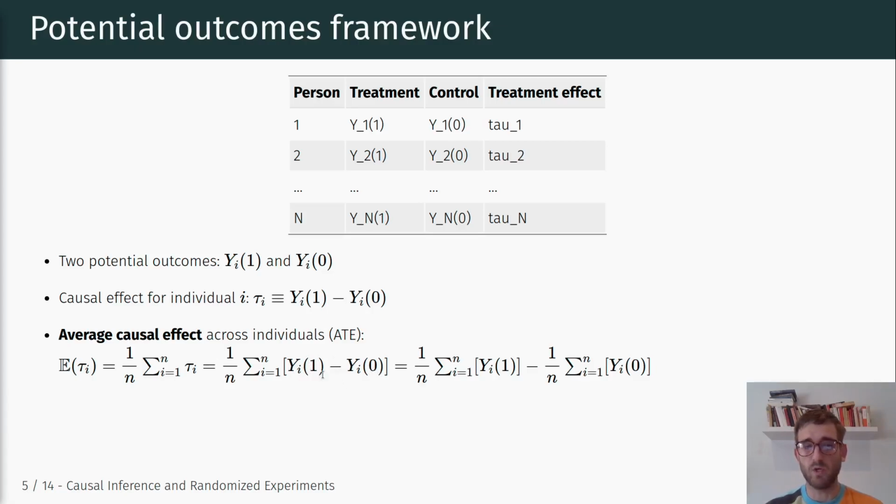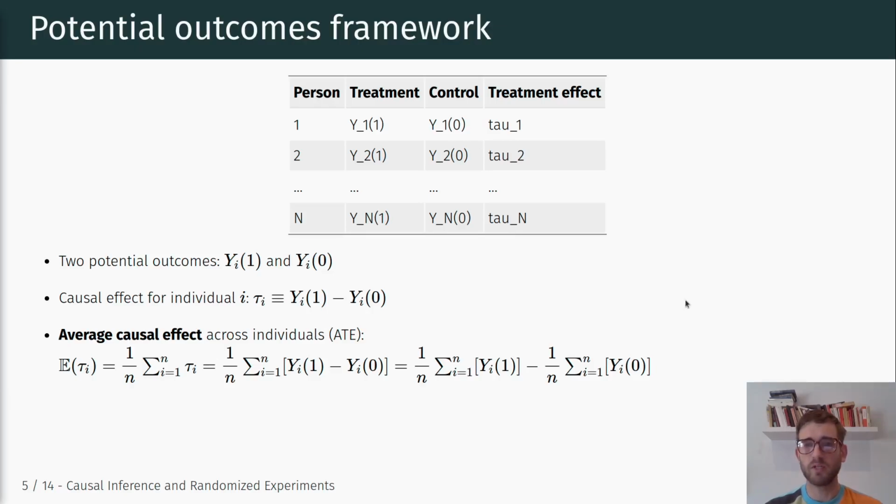So yi1 minus yi0. And we can separate the sum. So we have the average value of potential outcomes in the treatment group and the average value of potential outcomes in the control group. And the difference between those two is then the average causal effect or the average treatment effect. Okay? All right, so far so good.